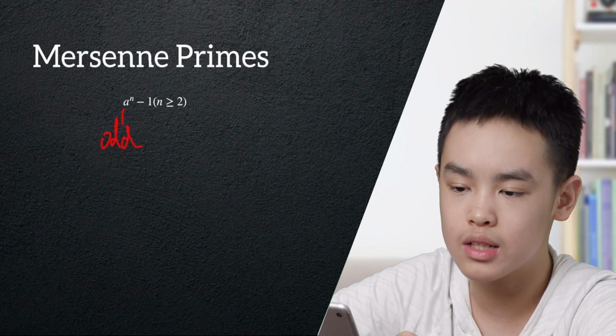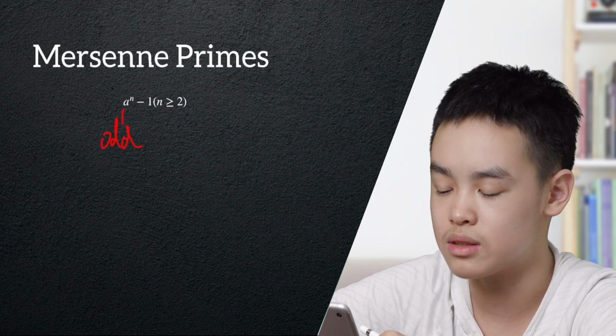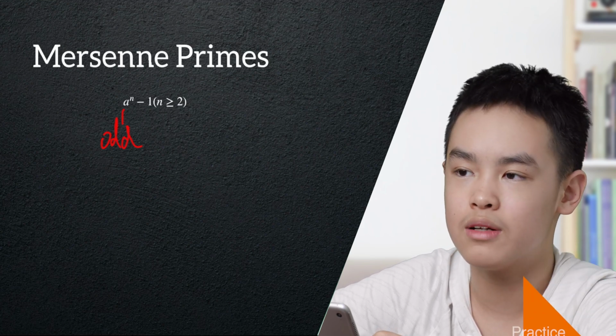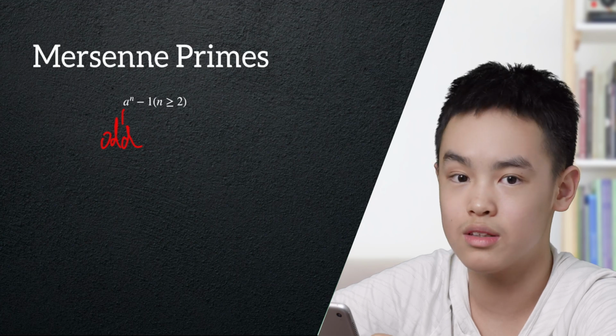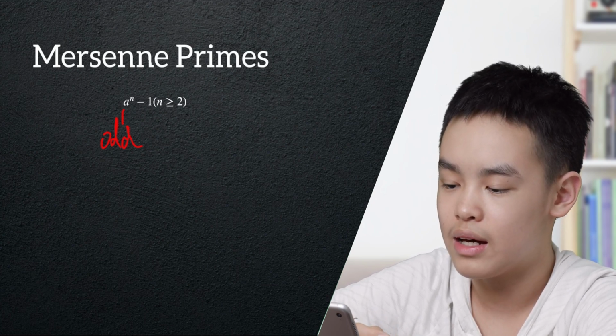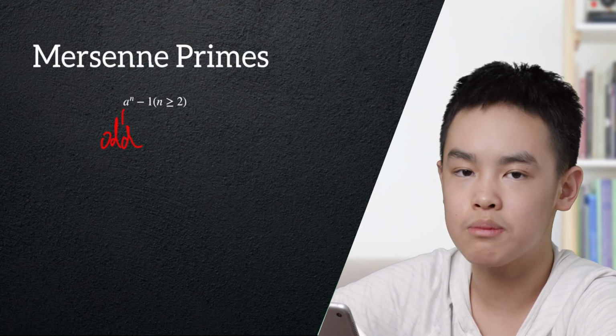Odd numbers times odd numbers are odd numbers, you name it. And an odd number minus 1 has to be an even number, which means it can't be prime.